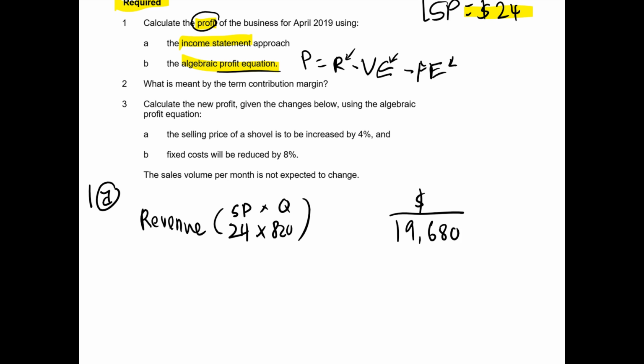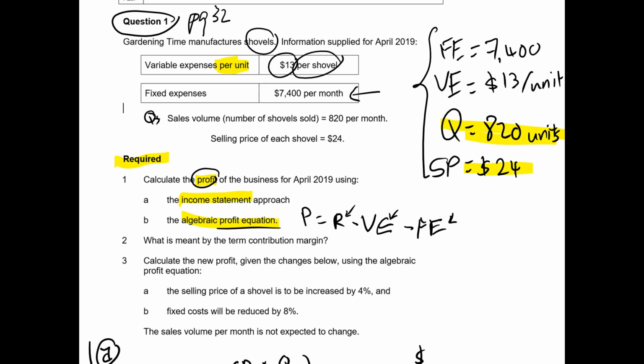Revenue equals selling price times quantity, and you will get 19,680. The second thing, you need to minus off your variable expenses. Your variable expenses equal your variable cost per unit times your quantity.